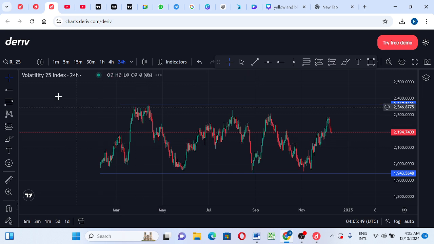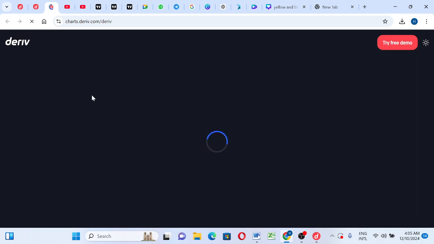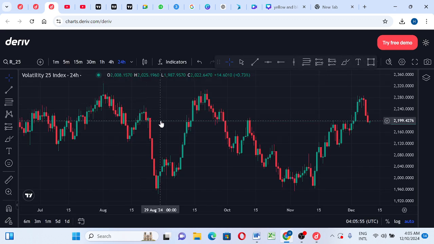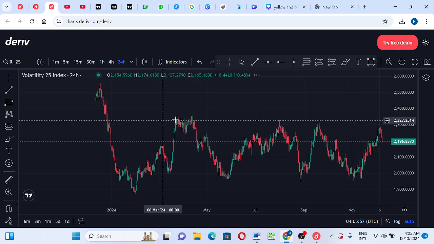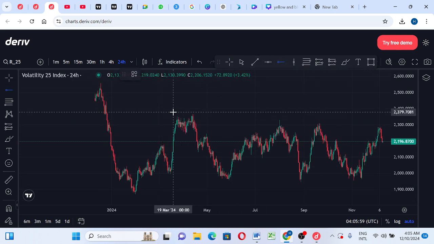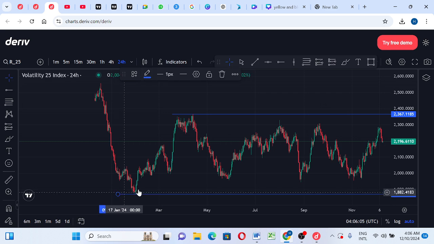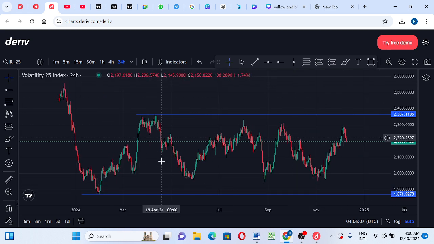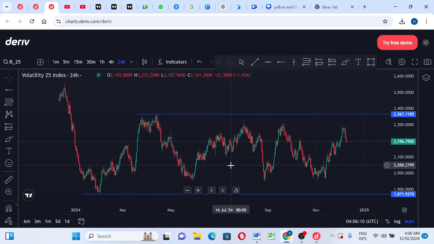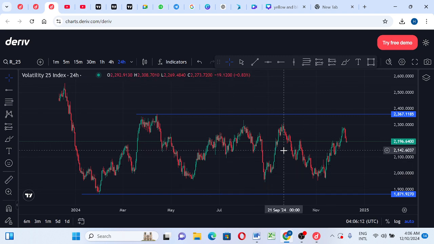So I think I will just reload this chart so we can see this properly. Okay, very good. So this is the highest point of price, and this is the lowest point of price. So this is basically what we are going to be analyzing or working our way around.